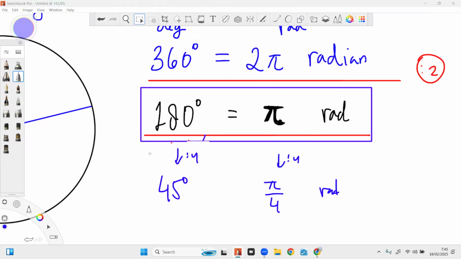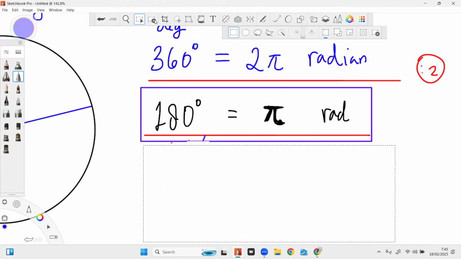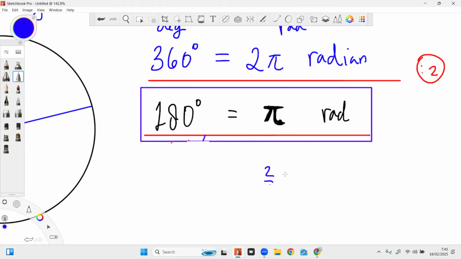Okay, I give you another harder question. How about 4 over 5 pi radian? How many degree? As simple as you multiply by 4 over 5, right? Makes sense? Just multiply the fraction.